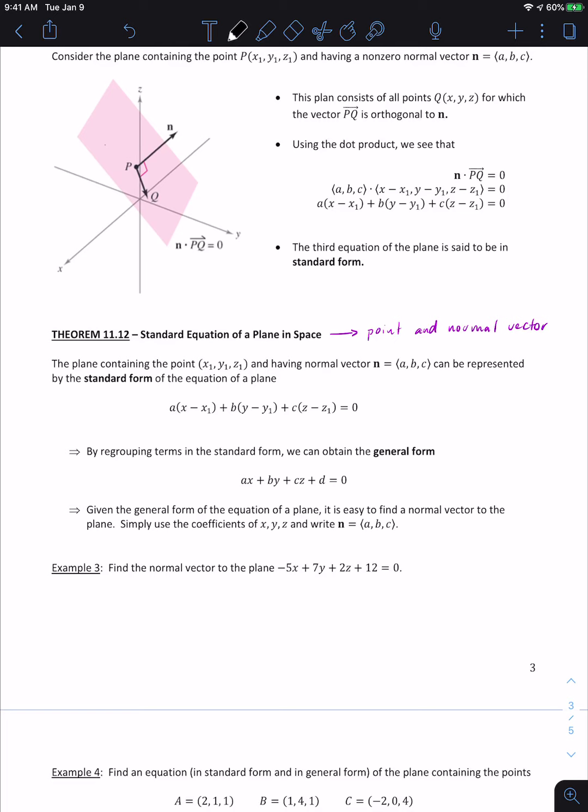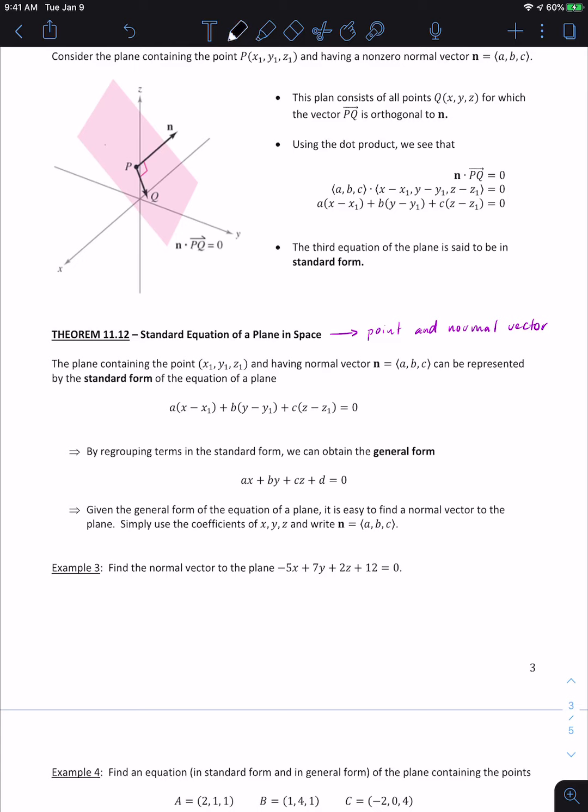And one thing that's convenient is if you have a general form of the equation of a plane, right? If I have something that looks like this, then I can very easily see what the normal vector is, right? The normal vector is just going to be A is my X component, B is my Y component, and C is my Z component. So in other words, the coefficients of X, Y, and Z are just going to be the components of the normal vector, right?